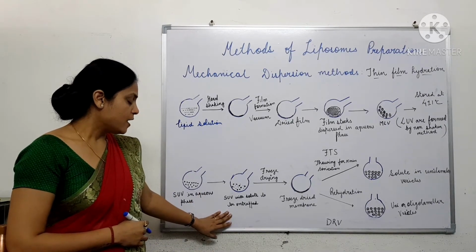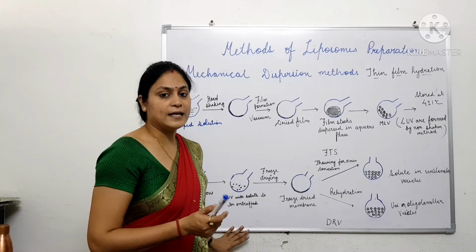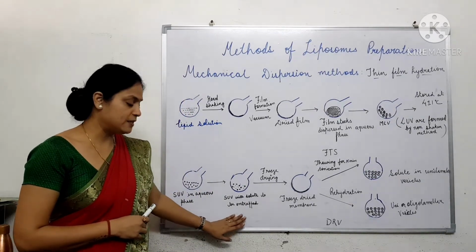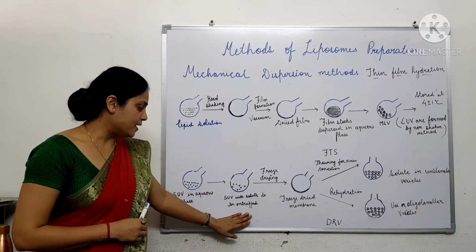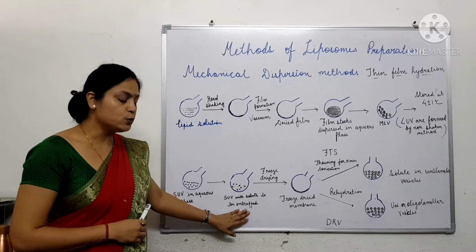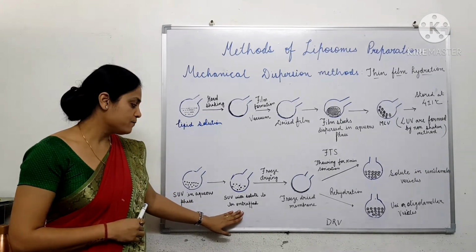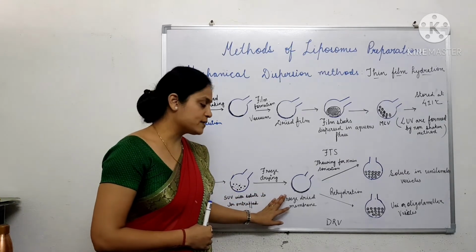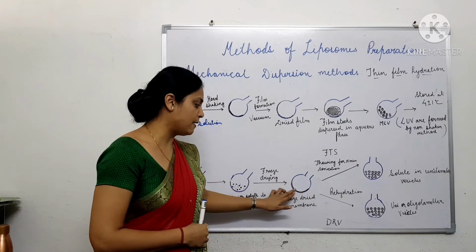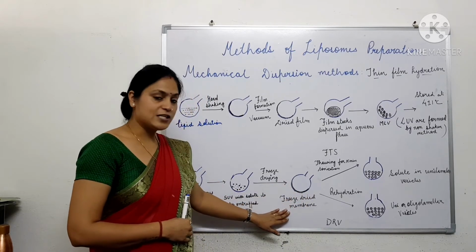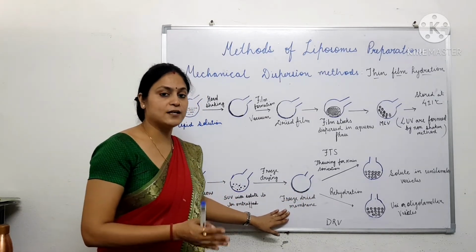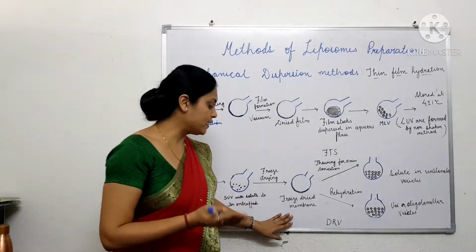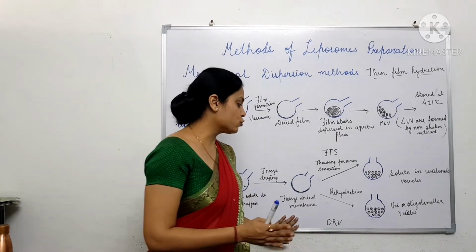If the solute is hydrophilic, then it has to be added to the empty small unilaminar vesicles initially, and then this mixture of solute and small unilaminar vesicles is freeze dried, which results in the formation of a freeze-dried membrane which has the hydrophilic drug which has to be entrapped, which has to be encapsulated into the liposome.